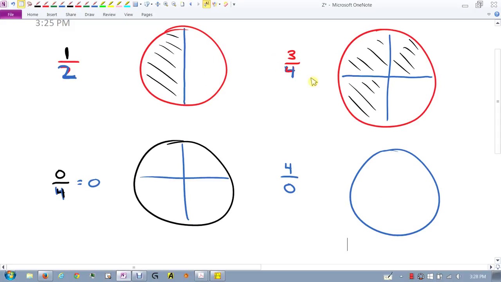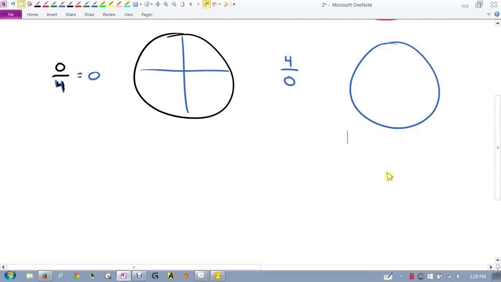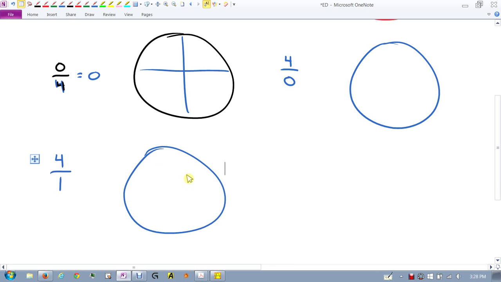In all of these problems, we start with the pizza, and the denominator represents how many equal slices we get. We can't start with the pizza and then say cut it into 0 slices. Now it's 4 over 1. How many pieces do I get? You get 4. So 1 is how many pieces I'm going to cut this into.